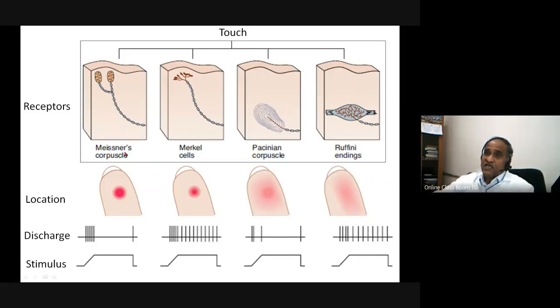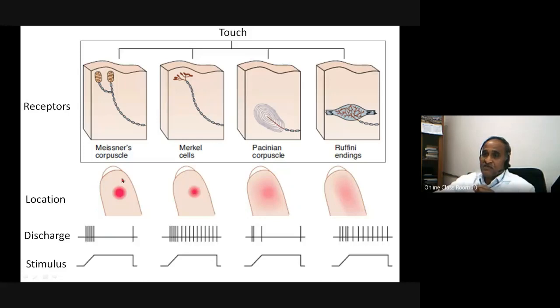You just see here the Meissner's corpuscles, and these are the receptors. You see that this is the area of representation by the Meissner's corpuscle. That means this is more precise. You can see that this is centered here. When they are stimulated, this is the stimulus here, they give a burst of activity and then a silence.